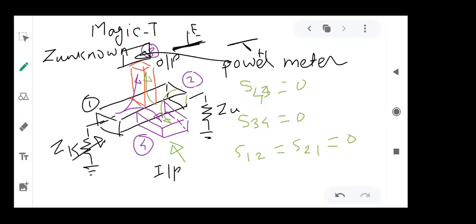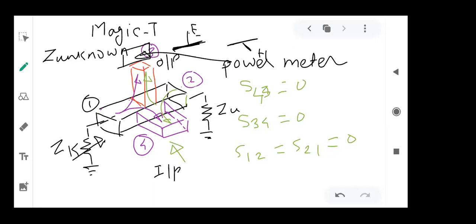All these matching techniques we are discussing are to achieve the matched condition so that the power delivery will be efficient. Here also, because of the mismatch in the impedances, the signal coming from port number 4 and reaching port number 1 and 2 will see a mismatch.